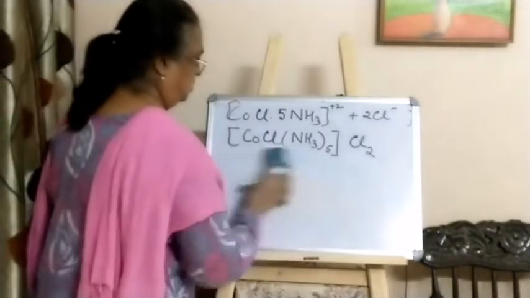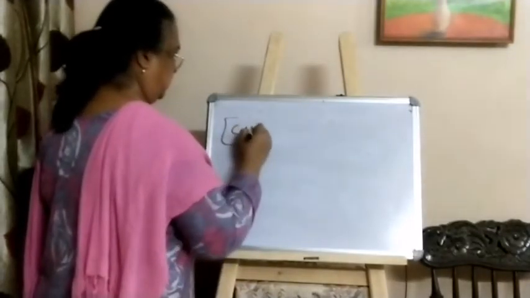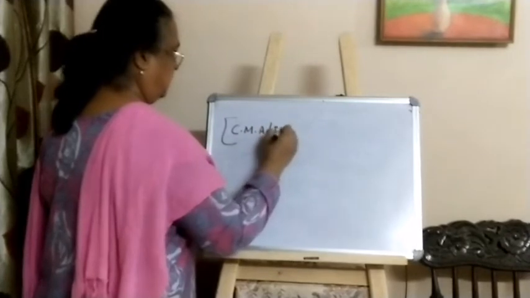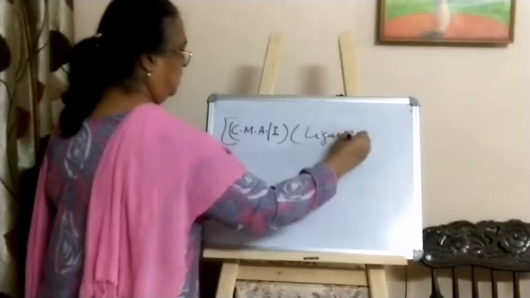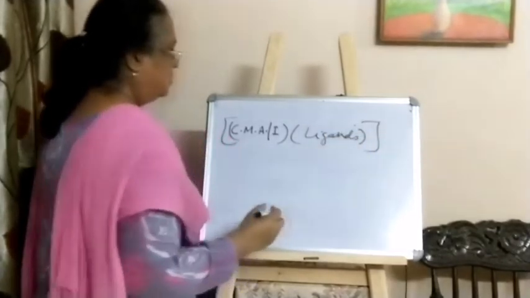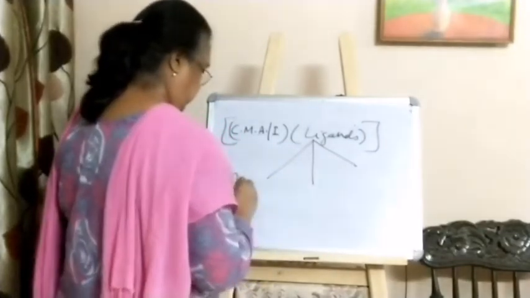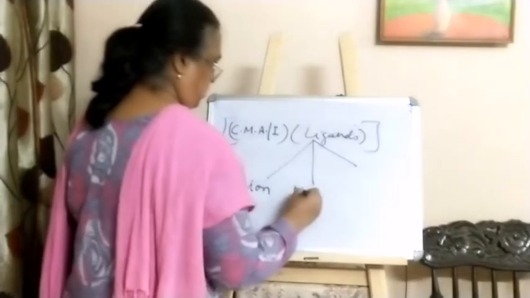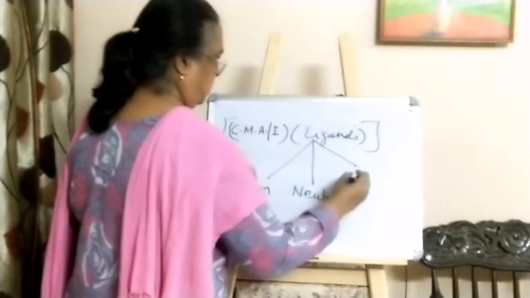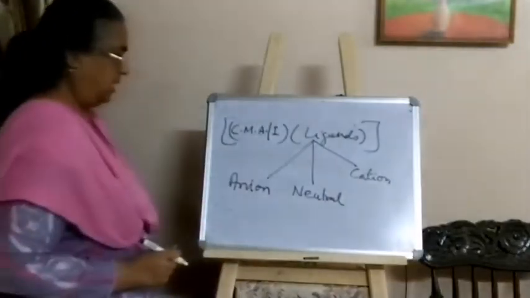Now another thing about this modern concept, you remember, when we write the central metal atom or ion, and then we write the ligands, these ligands should be in this order. First anions, all negative ligands, then neutral, and then cationic, positive ligands.